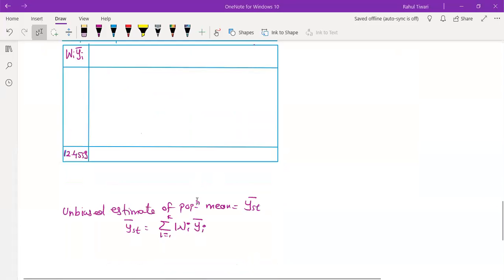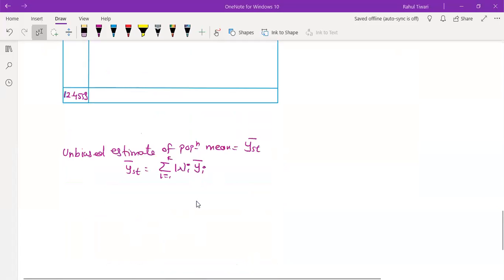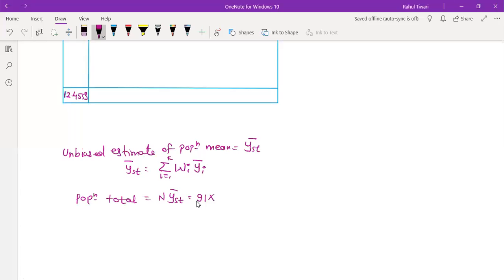Now we also require the population total. So let's check. Population total is equal to N into y bar st. So you have the value of N, which is 91. You have calculated this population y bar st, that is your mean, which is 12.4. Now you take according to your data.